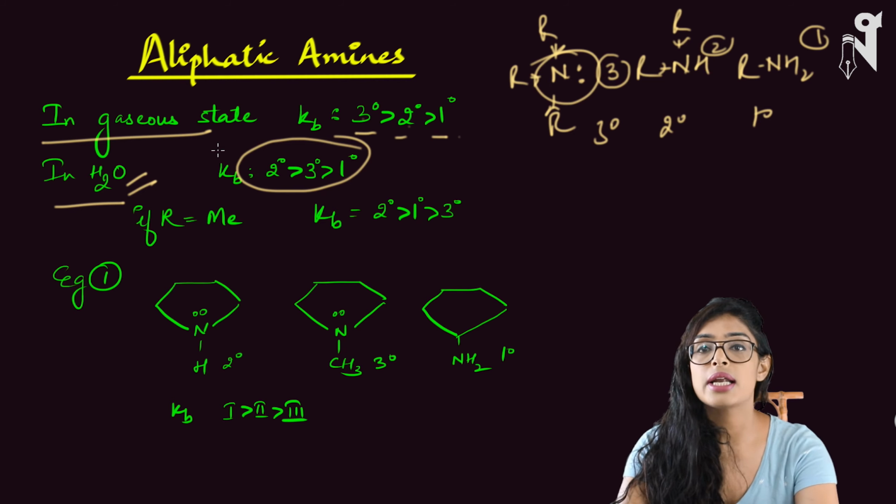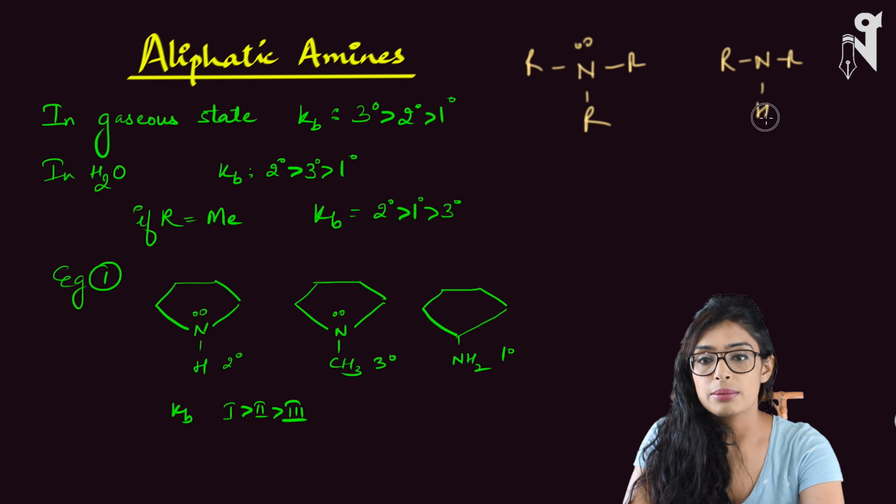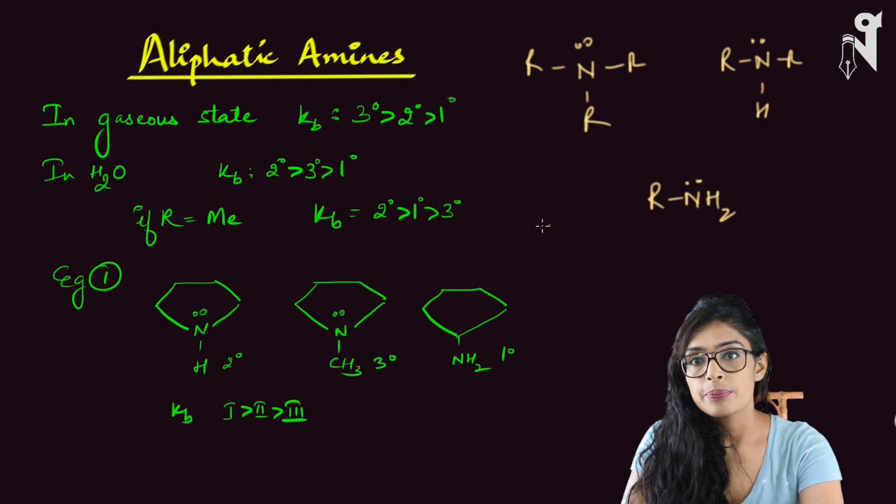When we have, let's say, R3N, let me write it this way. This is my tertiary amine. This is my secondary amine. And this is my primary amine. Okay. So now when we dissolve it into the water, there are two things which come into the picture. One is steric hindrance.